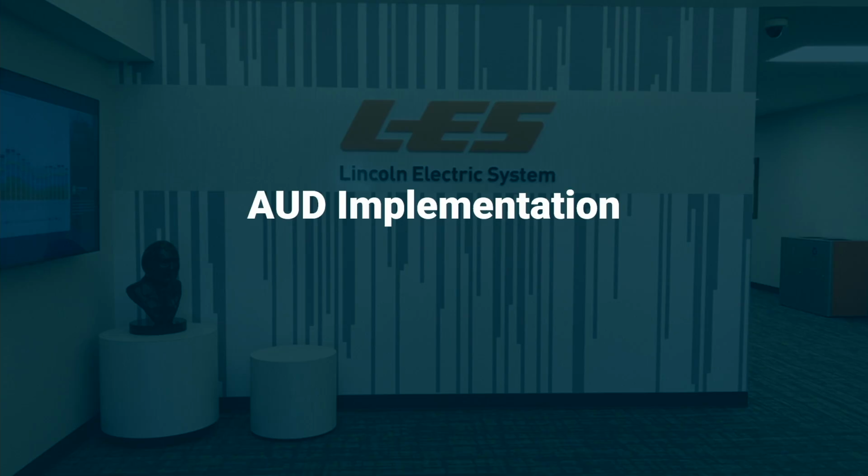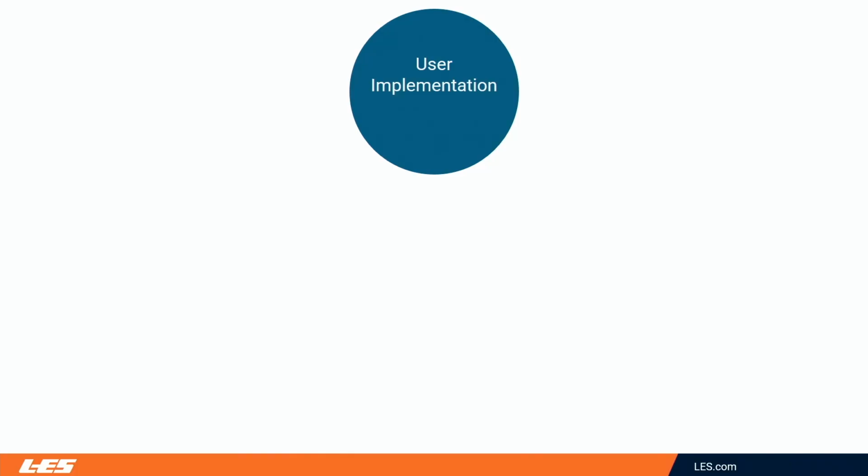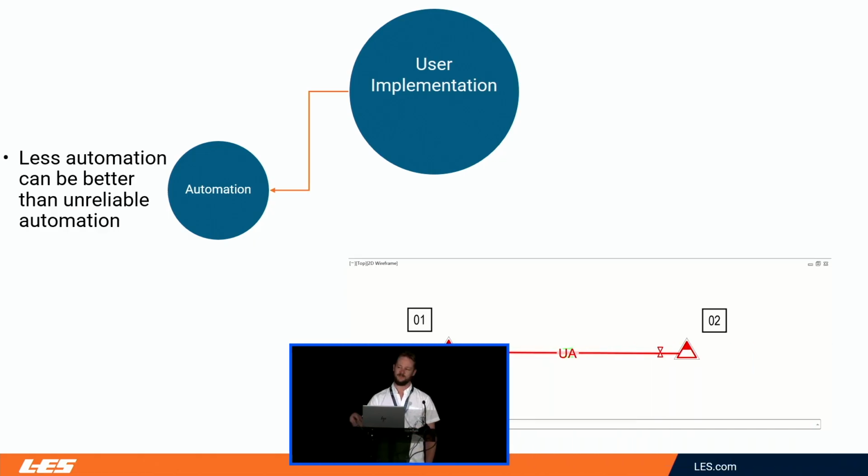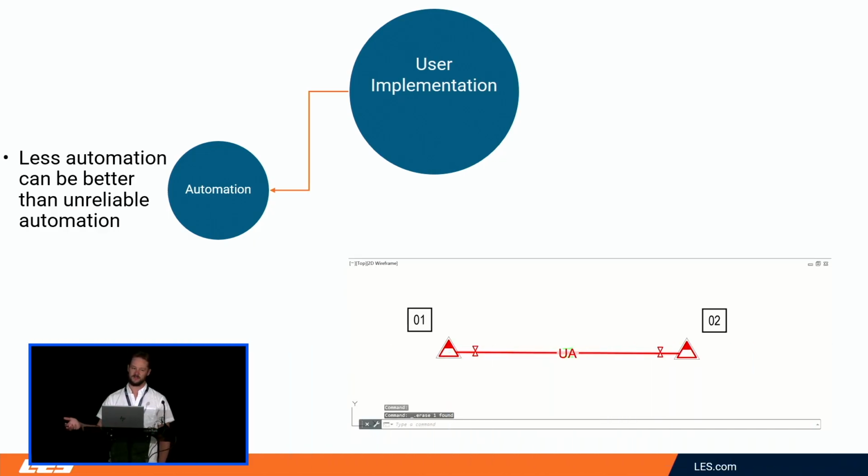All right, so when it comes to the AUD implementation, I'm going to talk about our user implementation and then the software implementation. So when it comes to the users, as we were beginning to roll this out to our engineers and designers, we learned quickly that less automation can be better than unreliable automation.